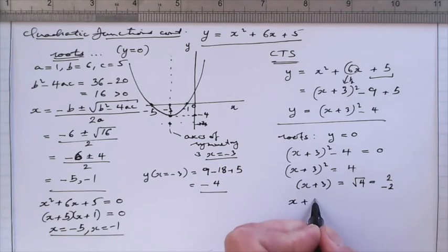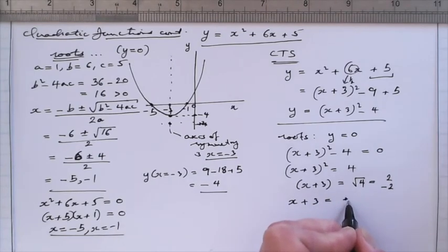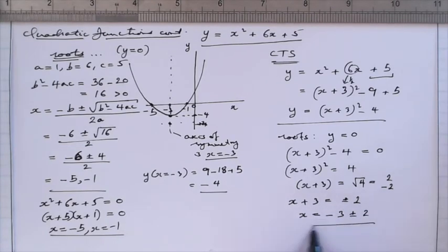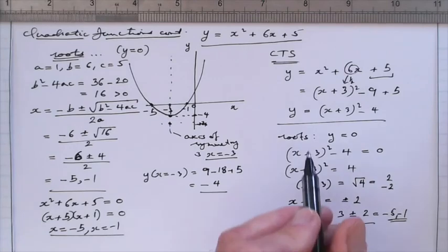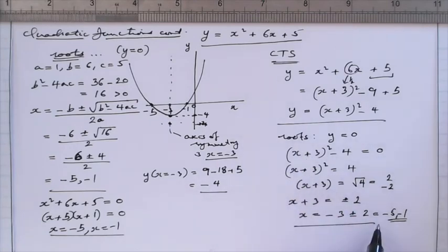So we have that x plus 3 is ±2. And then finally, just take the 3 over, we have x is -3 ±2, which of course gives us -5 and -1 as promised. So you can get the roots very easily having completed the square. It's really not very difficult.